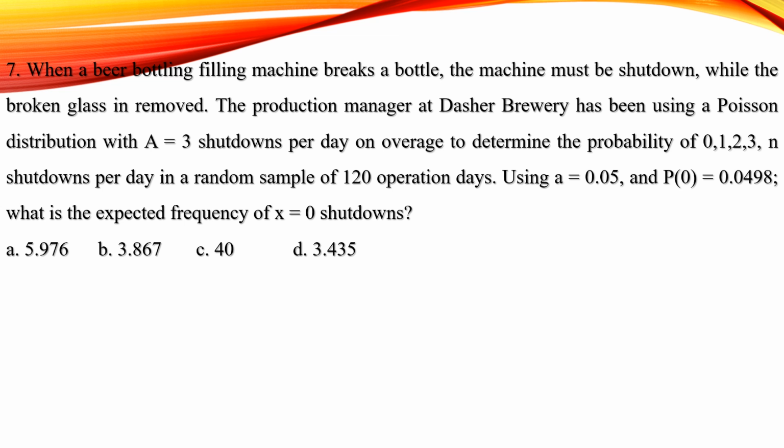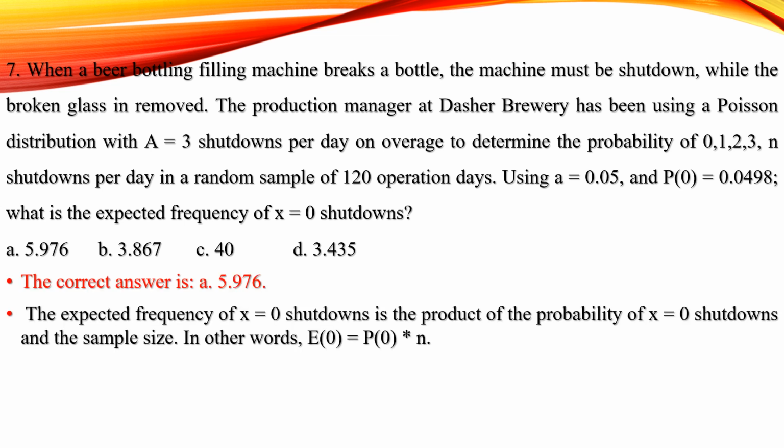If you have any statistics concepts here, you can clearly answer this question, or someone who has a biostat concept can also answer this question. So try the answer. Yes, I'm sure that you try to calculate. The expected frequency of x equal to 0 shutdowns is the product of the probability of x equal to 0 shutdowns and the sample size.